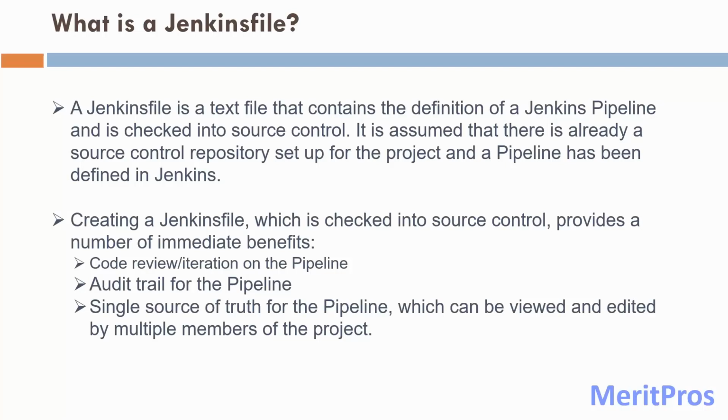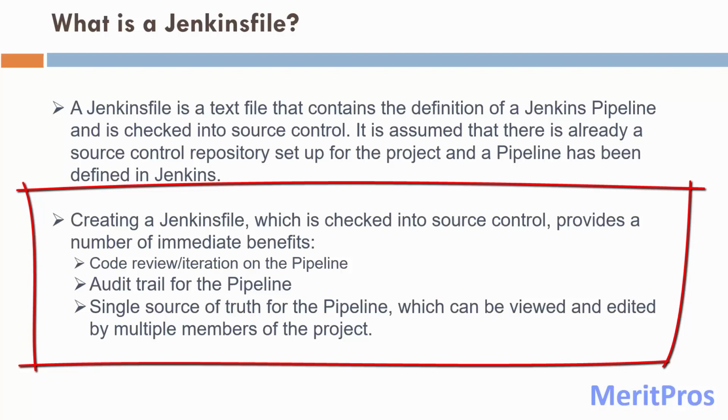Now what is this Jenkins file? I will show you how this Jenkins file looks like. Which is checked into source control, Jenkins file provides a number of immediate benefits. Now see what benefits. Code review on the pipeline. You are doing it when you are executing, right? Audit trail for the pipeline. It means you are getting the essential information of the pipeline as to how the pipeline works.